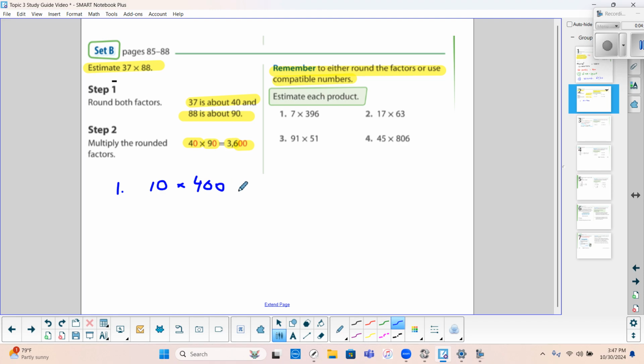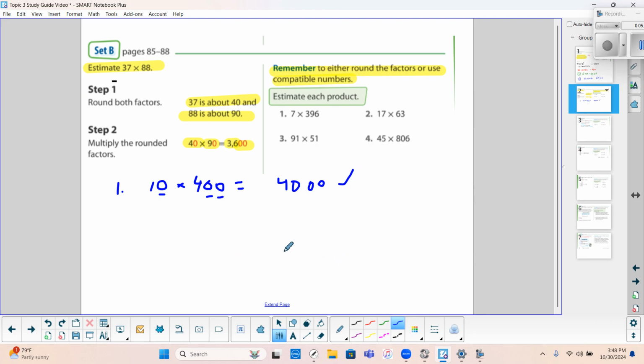So 10 times 400 is equal to 4,000. That's 4 with 3 zeros behind it, 4,000.